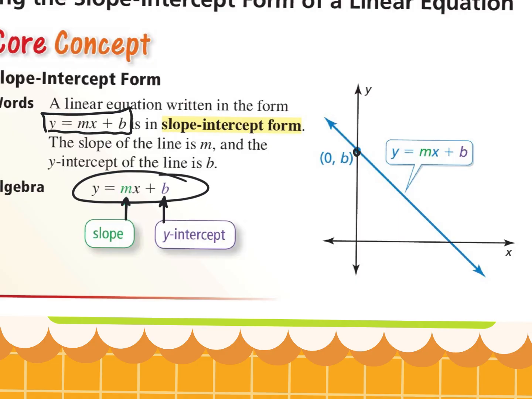The y-intercept is the spot where the line crosses the y-axis, right? So if it's crossing over at 3, then the y-intercept would be 3. If it's crossing over at -9, then the y-intercept would be -9. So the slope, which we've learned how to calculate, that's the m part. The b part is the y-intercept.